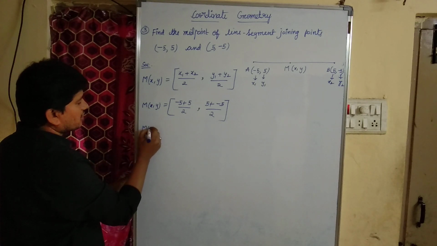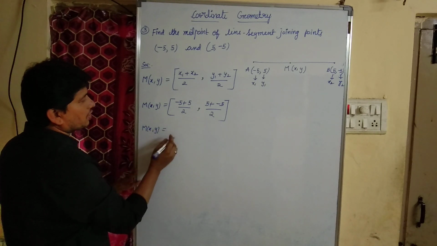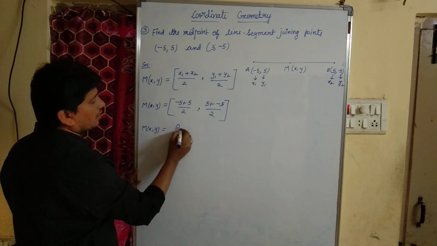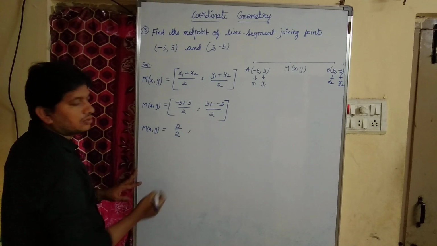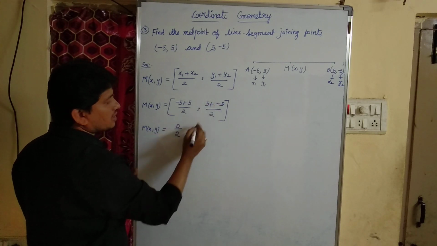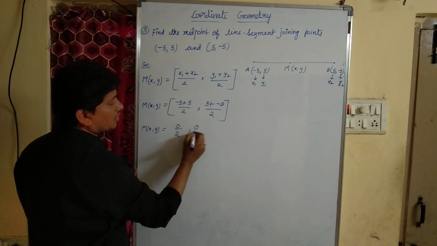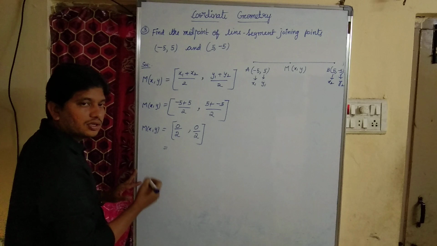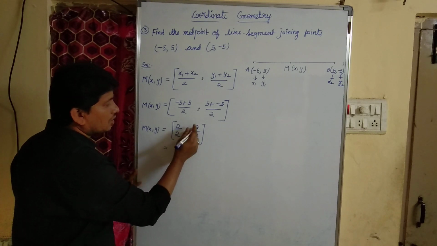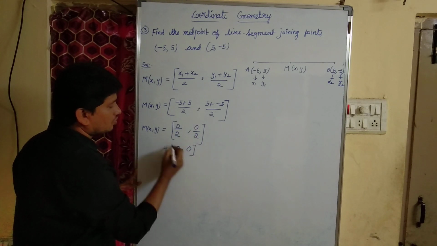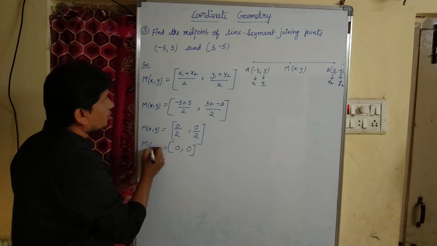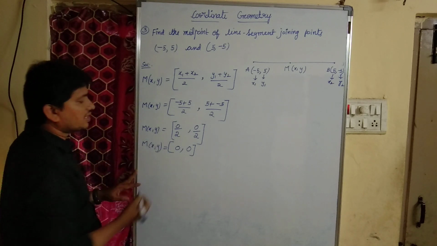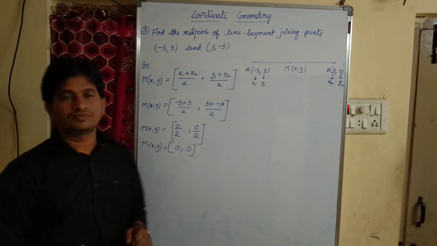So as our midpoint M of x comma y equal to minus 5 plus 5, that is 0 by 2, comma 5 minus 5, 0 by 2. Right? 0 by something, 0 only, comma 0 by 2 also 0. So the midpoint of the line segment joining the points is 0 comma 0.